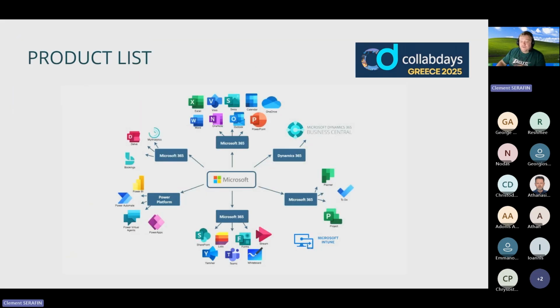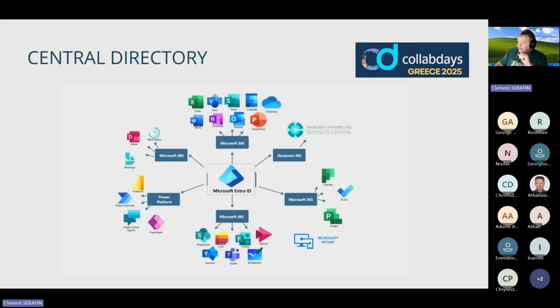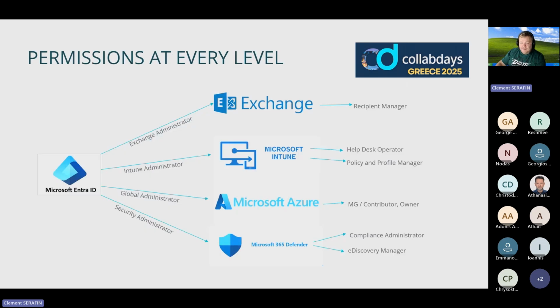You have all the products which are there. One thing which is important to remember is when you have all the products, you have one central directory, which is Entra ID. Everything inside Microsoft is using this central identity. So when you are putting permissions on the different services like Exchange, Intune, Azure, or Defender, you will have permission at every level.